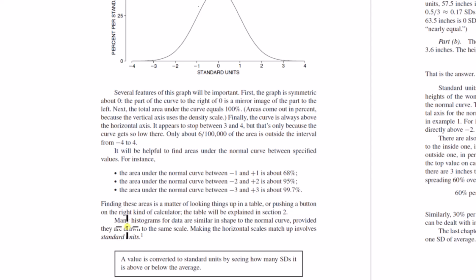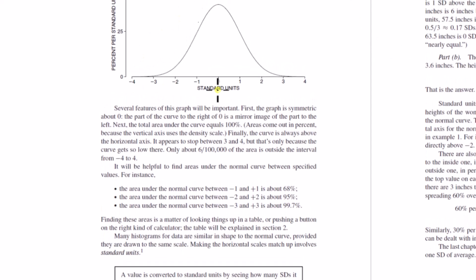Now, the way they say this sentence here, many histograms for data are similar in shape to the normal curve, provided they are drawn to the same scale, it almost makes it sound like you're going to have a typical histogram that we made in chapter 3, and then you change the scale, and then the whole graph is just transformed into something you don't even recognize. That's not the case. It will change a little bit, and I'll explain why in a second.